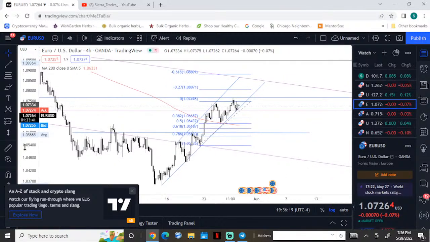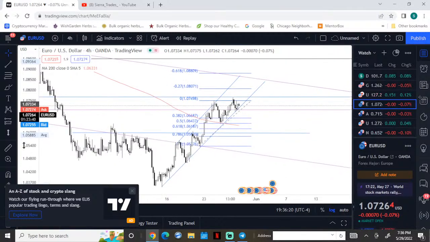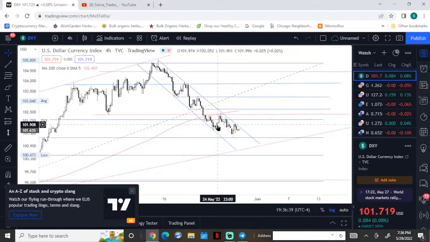Now we don't know because I'm personally still just waiting on the dollar fib to finish, but it could just continue to fall.